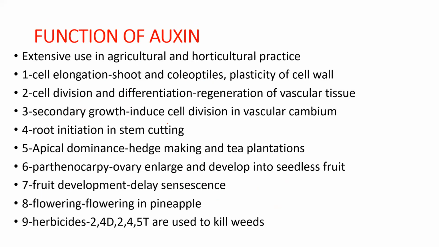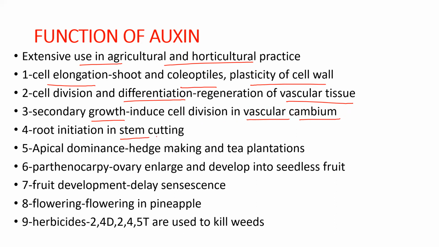So what is the function of auxin? It is extensively used in agriculture and horticulture practices. It causes cell elongation in shoot and coleoptile, and the plasticity of the cell wall increases because the cell elongates. It also causes cell division and differentiation, so regeneration of vascular tissue. In secondary growth, it induces cell division in the vascular cambium, so secondary xylem and phloem are formed.